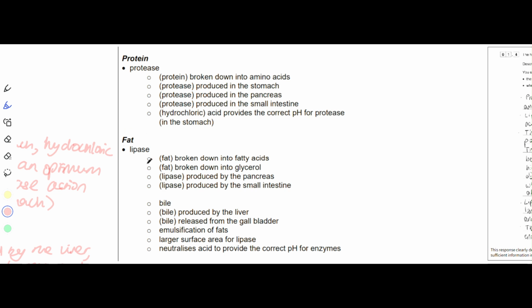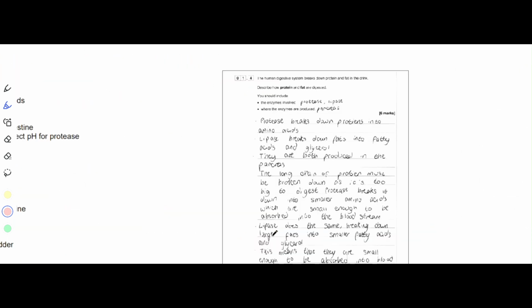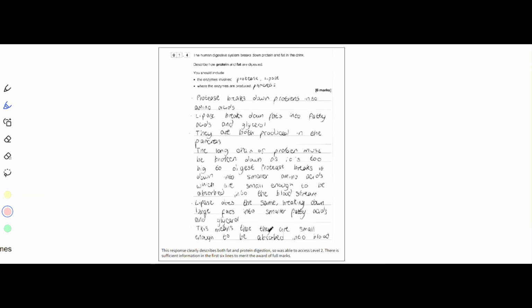Lipase, so in terms of fat, it's broken down into fatty acids and glycerol, produced by the pancreas and the small intestine, and then the bile is produced by the liver, released from the gallbladder, emulsifies fats and provides a larger surface area for lipase. It also neutralizes the acid to provide the correct pH for enzymes. So let's have a look at this model answer here.